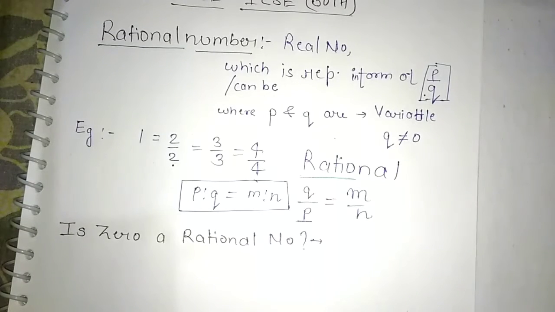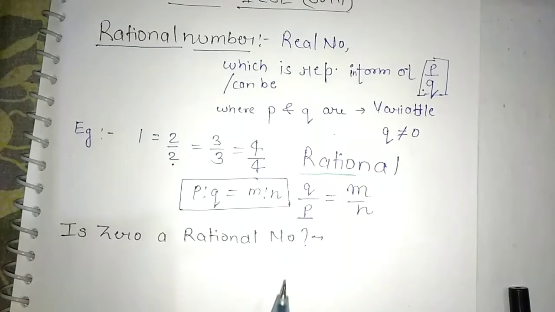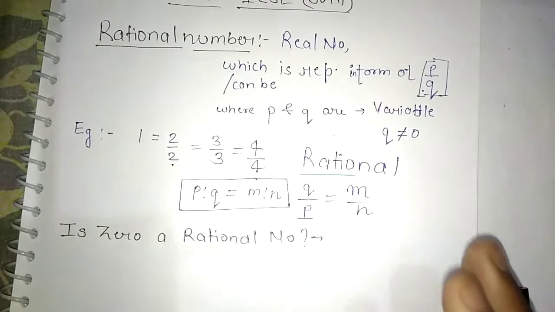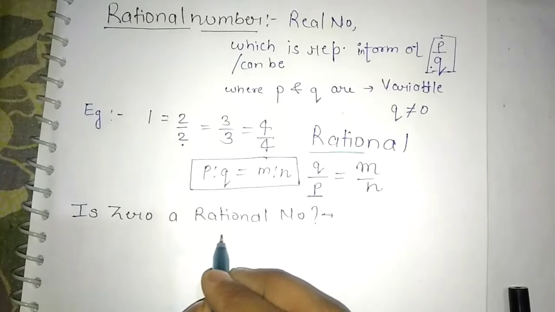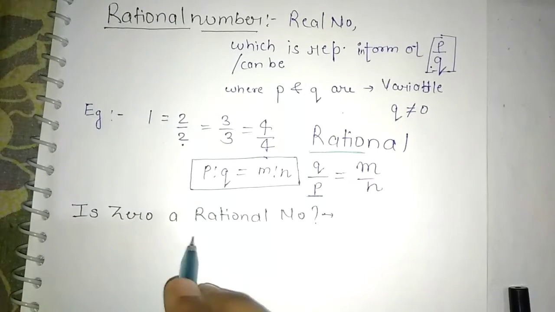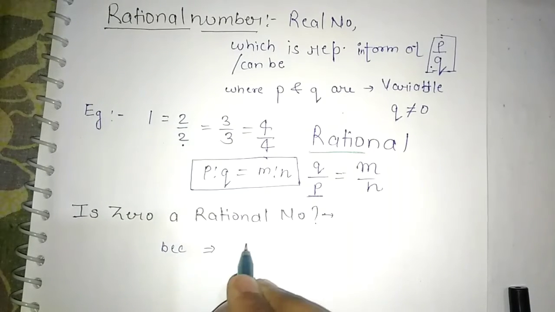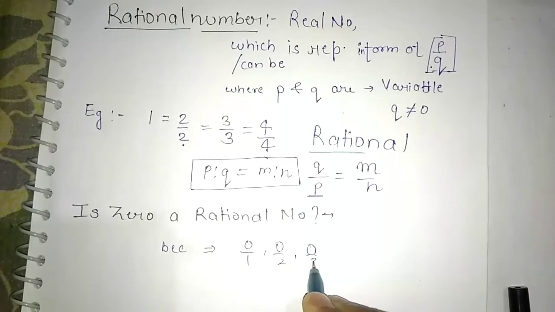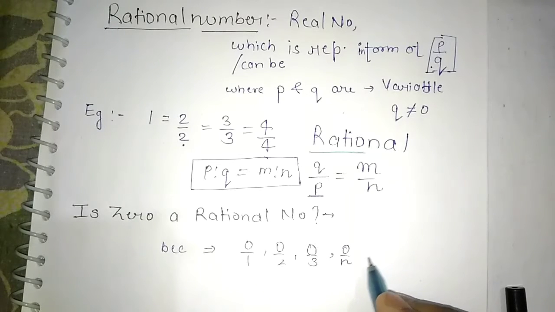Now we will talk about, is 0 a rational number? I am asking a question. Stop the video and think, is 0 a rational number? I think you have stopped the video and thought by yourself. 0 is a rational number because 0 can be represented as 0 by 1, 0 by 2, 0 by 3, or 0 by n, where n can be any integer.